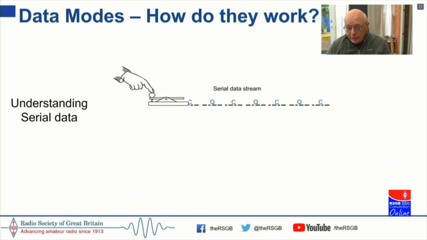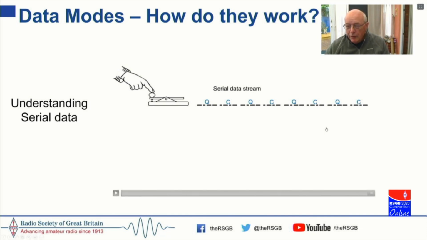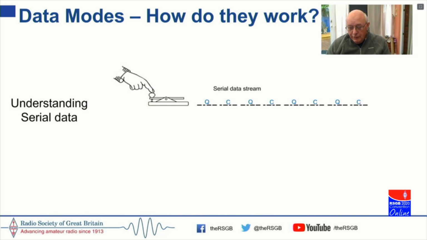As you can see in this little animation, when we send Morse code, we actually send a serial data stream. We send the letters one after the other, and each letter, the elements that make up that letter, we send one element at a time. And that's all a serial data stream is. It's breaking down your message into one bit at a time and sending one bit at a time.